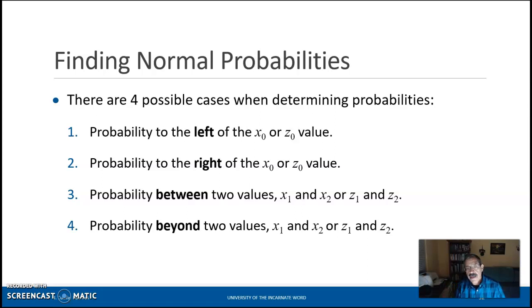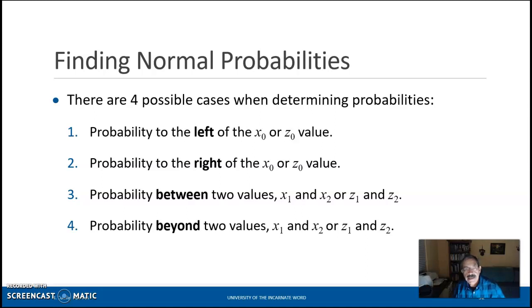Sometimes they may ask you to find the probability that the random variable is between two values, x1 and x2, or z1 and z2. Another possibility is that they will ask you to calculate the probability that the random variable is beyond some x1 value and beyond some x2 value. So the first case is the probability to the left of x1, and the second case is the probability to the right of x2, or z1 or z2.